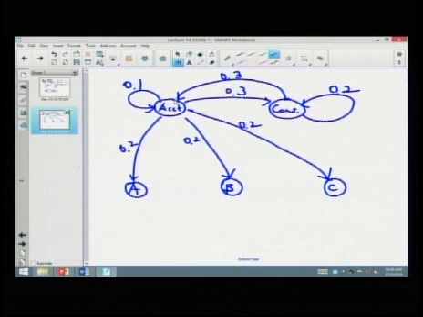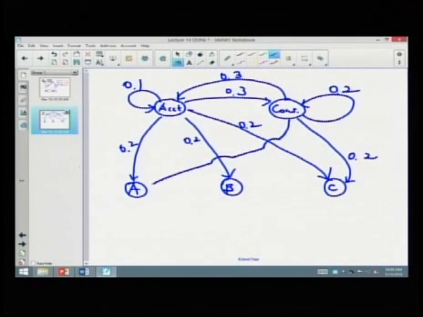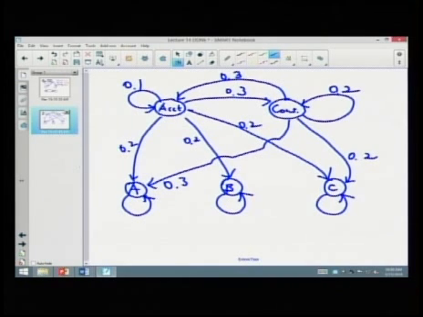Consulting to division C is 0.2, and consulting to division A is 0.3. Since all three divisions A, B, and C are absorbing states, the probability is 1 for each of them. Is that right?